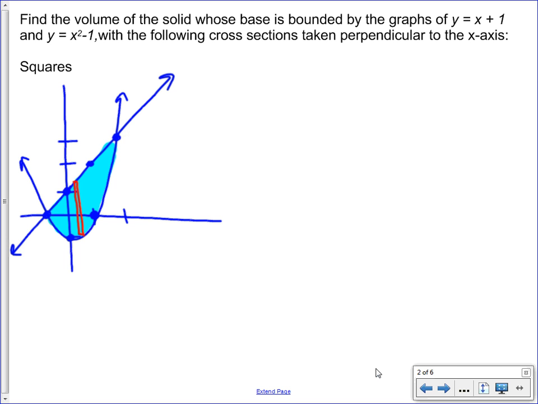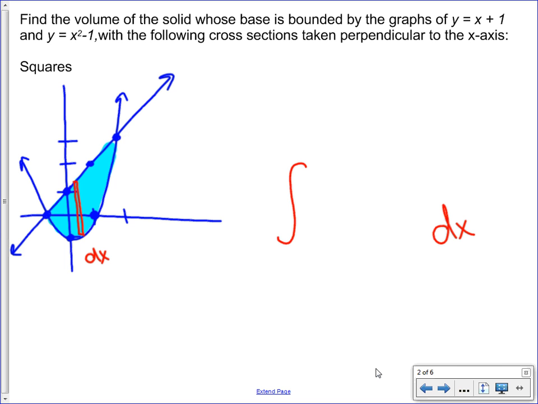No. We always draw a reference rectangle. We'll get to the squares in a little bit. What is the thickness of that rectangle? Dx. So that's telling me that our integral is going to be with respect to x. So them telling you perpendicular to the x-axis, that's important.